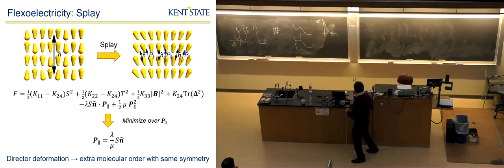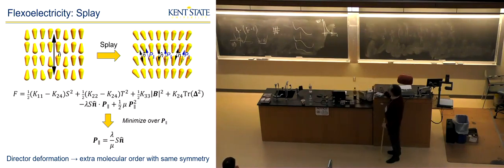The splay makes an asymmetric environment for the pears, and they will respond by aligning with respect to that environment. If each molecule has a net dipole moment, then they will no longer average to 0, right?